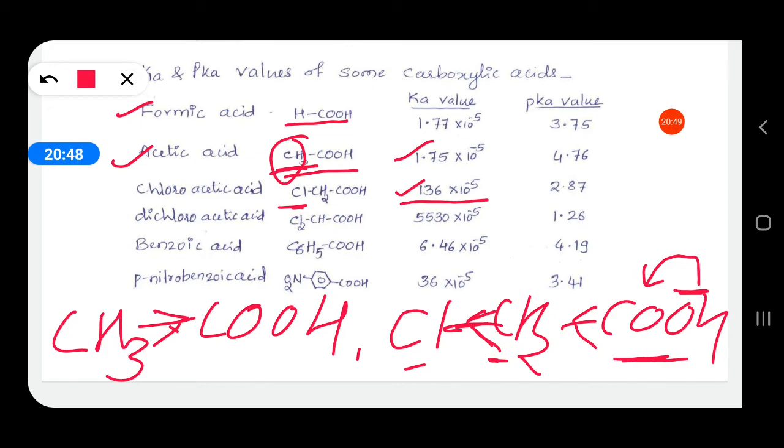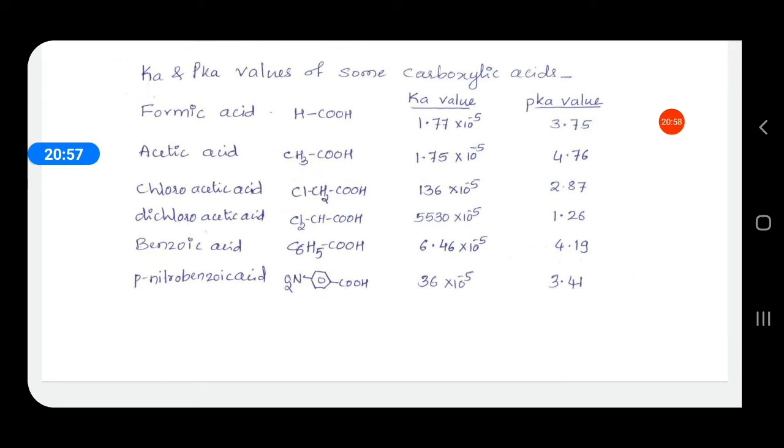So the ion formed here is more stable than the acetate ion. Therefore, it gives H plus easily. So the forward reaction takes place, and the Ka value increases. So it is high, that is 136 into 10 raised to minus 5.